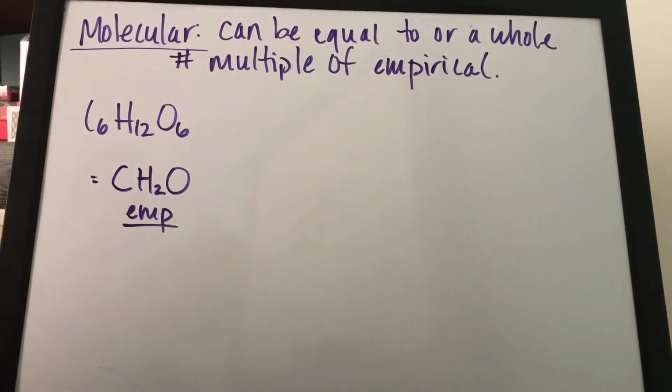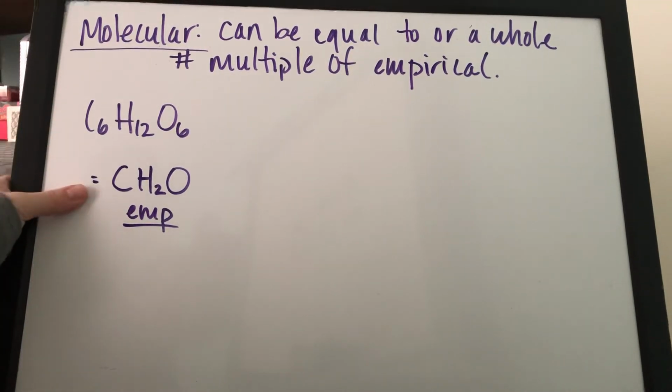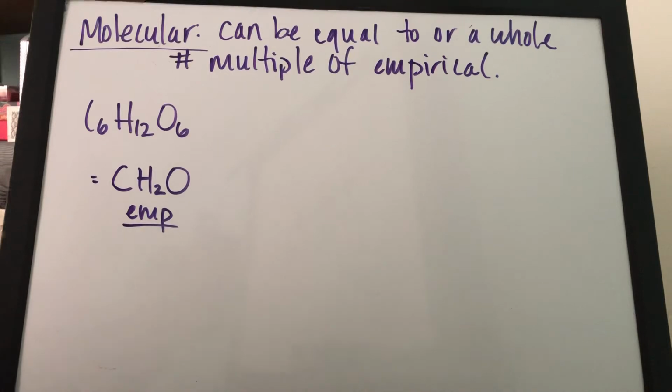And so that's what it means here, that it can be a whole number multiple. So in this case, glucose is 6 times bigger than its empirical. Sometimes they can be 2 times bigger or 4 times bigger, or even 7 times bigger. Sometimes though, the molecular can actually be equal to the empirical formula. So that's kind of interesting, and we'll see that later.